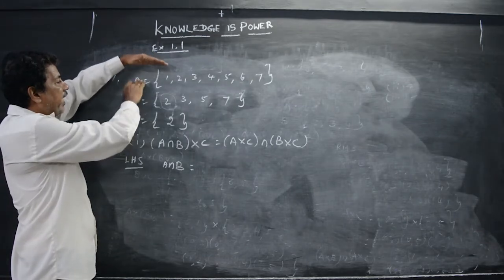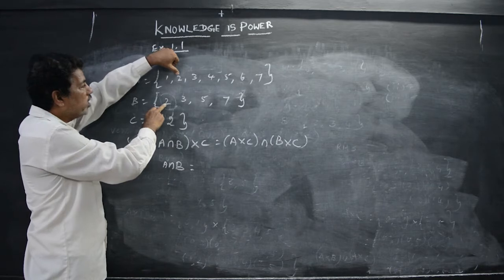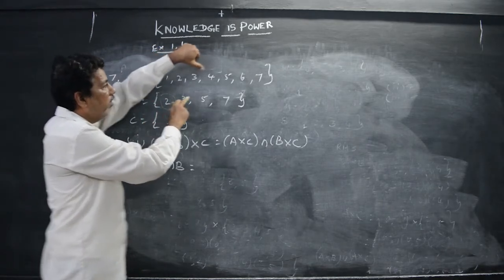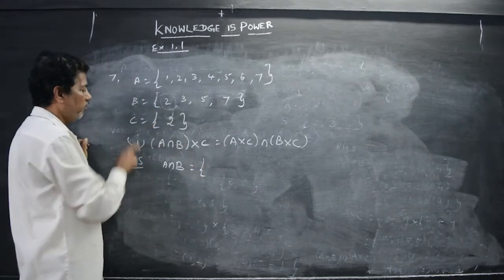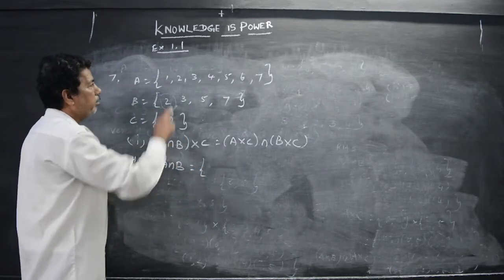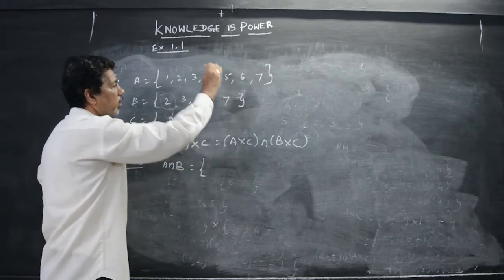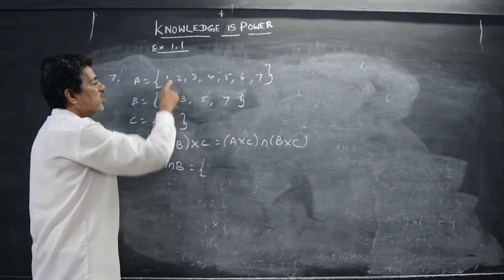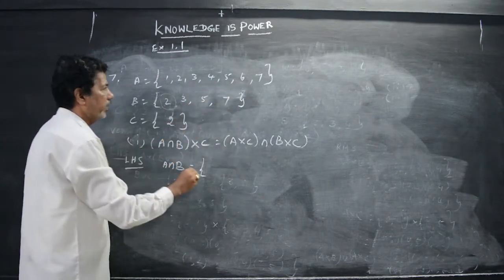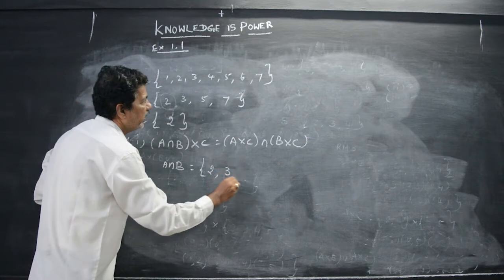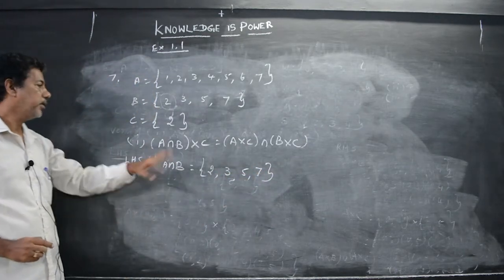Remember, A intersection B: what are the elements that are common? 2 is common, 3 is common, 5 is common, 7 is common. So this is the answer for A intersection B: 2, 3, 5, 7. These 4 numbers are present in both. So 1 is not here, 4 is not here, 6 is not here.